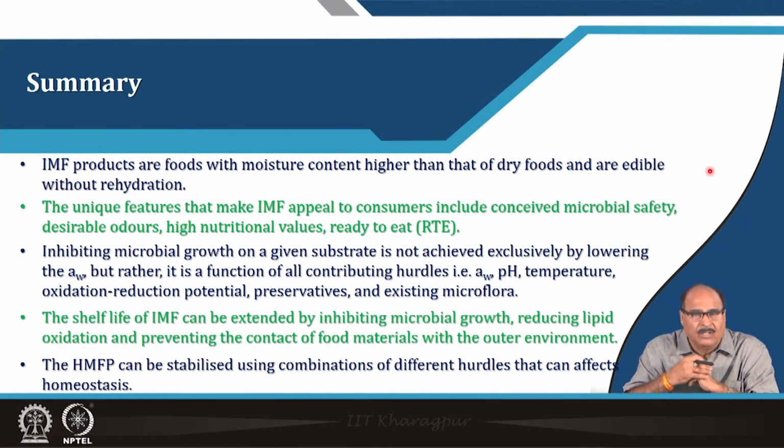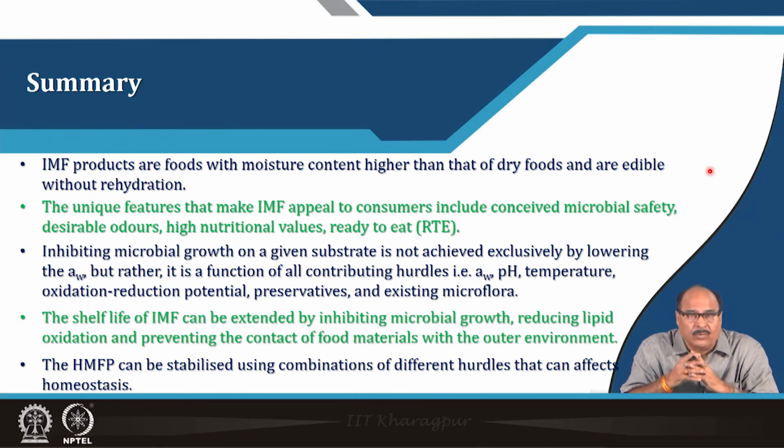These are the reports. So, finally, I would like to summarize this lecture. Intermediate moisture food products are foods with moisture content higher than that of the dry foods, and they are edible without rehydration. That is an important thing here. The unique features that make IMF appeal to consumers include perceived microbial safety, desirable odors, high nutritional value, and their ready to eat nature.